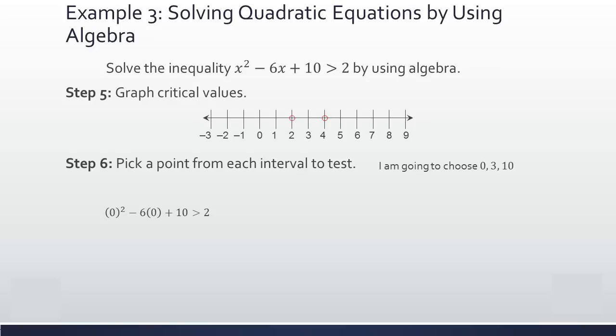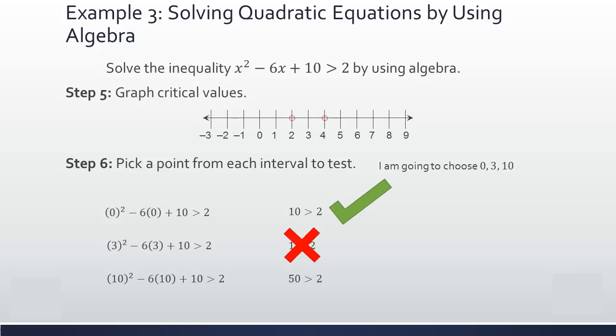When I plug in 0, I get 10 is greater than 2. That is correct. It holds true. I plug in 3. I get 1 is greater than 2. That is not the case. And then I check 10. I get 50 is greater than 2. We have a winner.